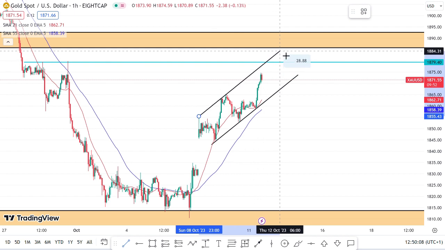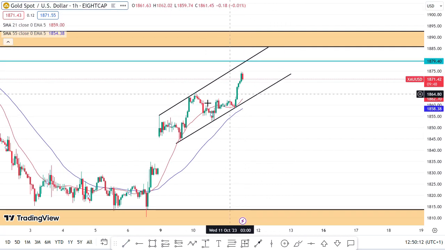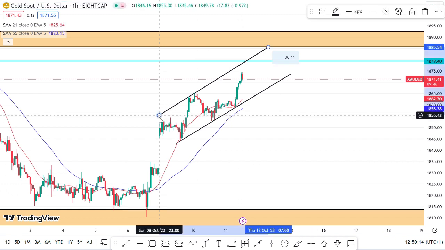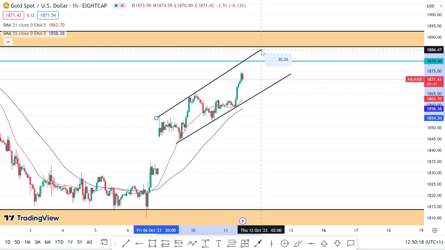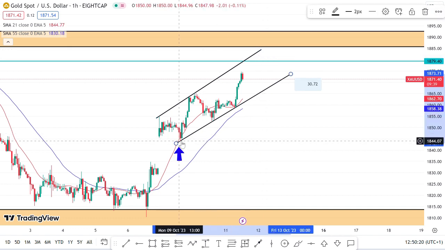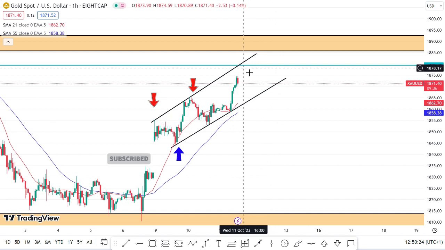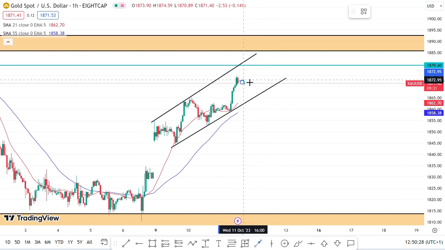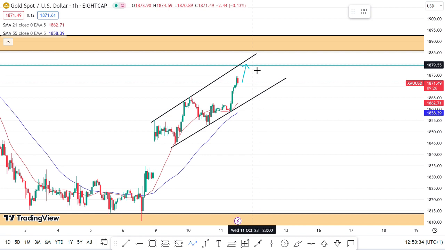So let's see, we have a flag or a channel, and you know the rules of engagement with these channels, guys. You buy here and you sell here. So likewise, you're anticipating price to come here, somewhere here, boom, then we might see something like this to break this channel.